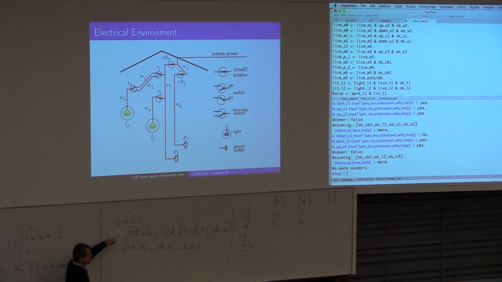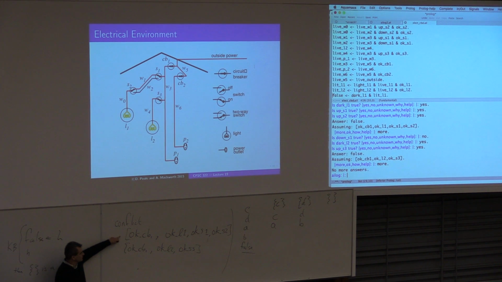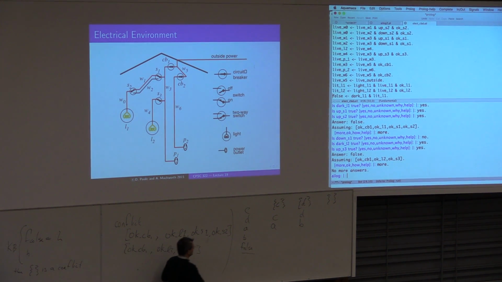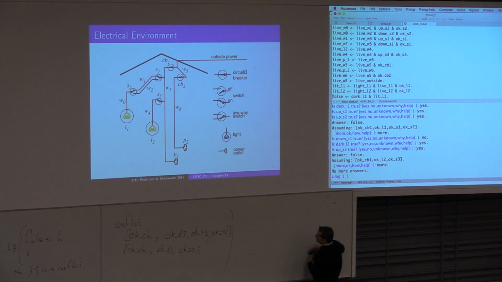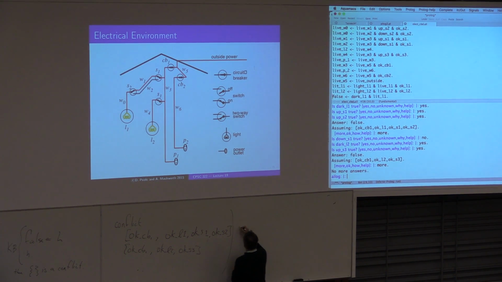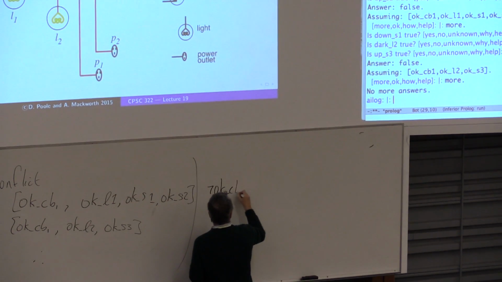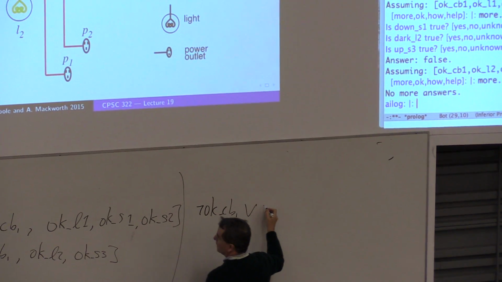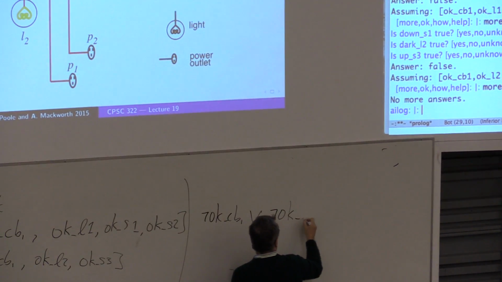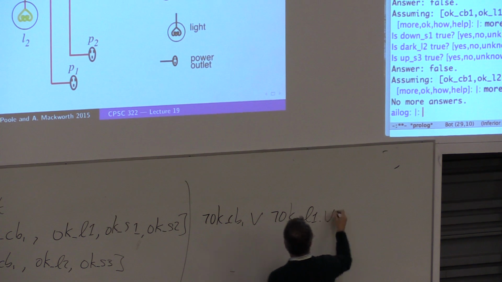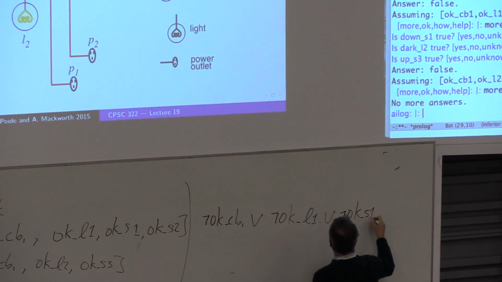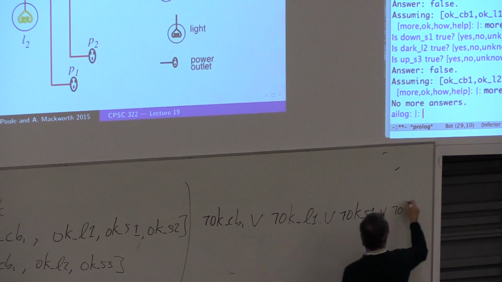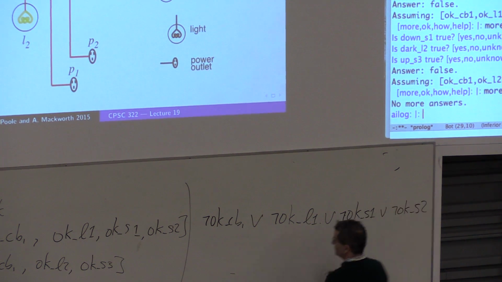So we know one of these is wrong. Essentially we know that either not OK CB1 or not OK L1 or not OK S1 or not OK S2.